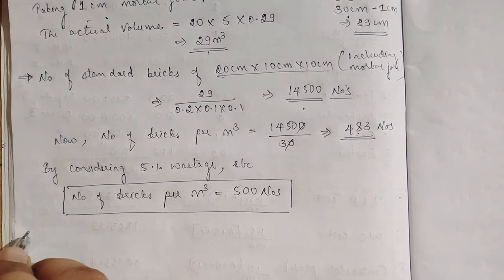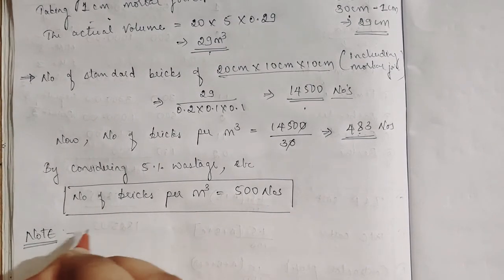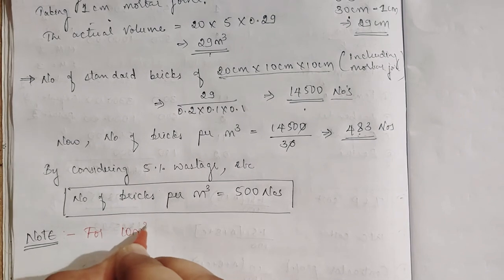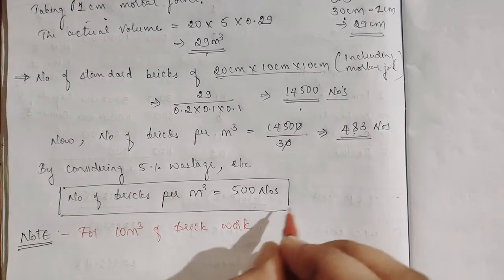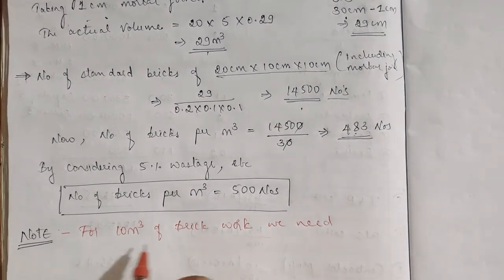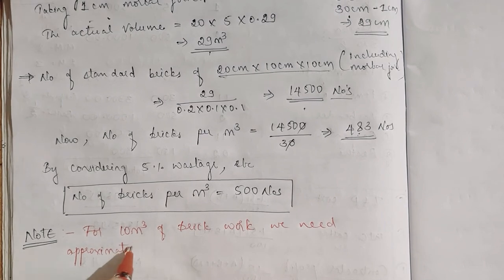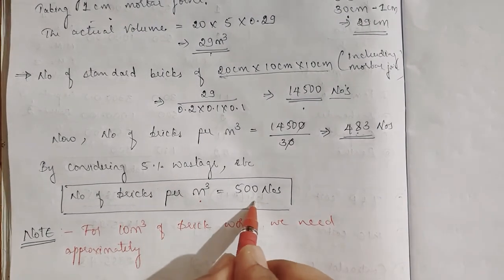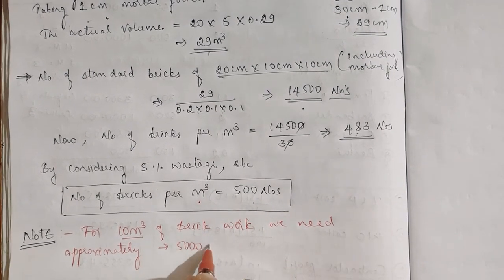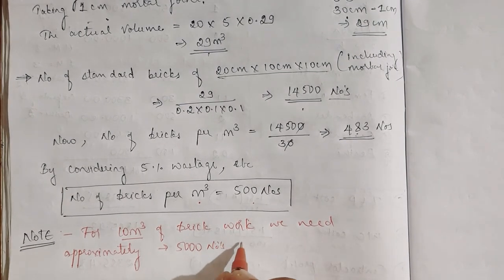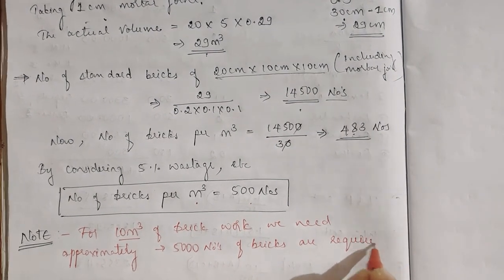So take a note here. Notice that for 10 meter cube of brickwork, according to this calculation approximately, tell me, for 1 meter cube I got 500, for 10 meter cube I need 5,000 numbers of bricks are required.